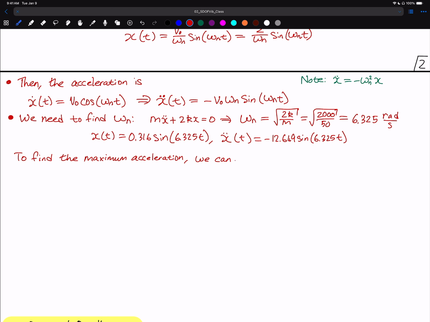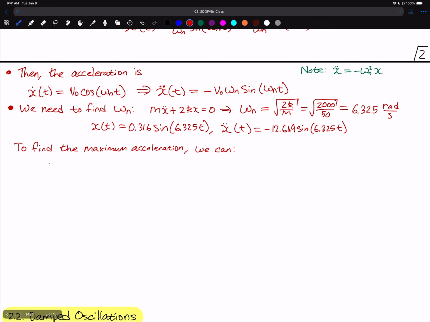We have three options. First, we can compute the derivative of the acceleration, x triple dot, and then we can set that to 0, solve for t, and then plug in. So first we can compute x triple dot of t, set it to 0, solve for t, then plug in.